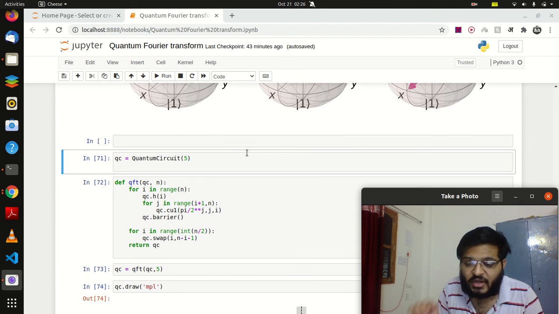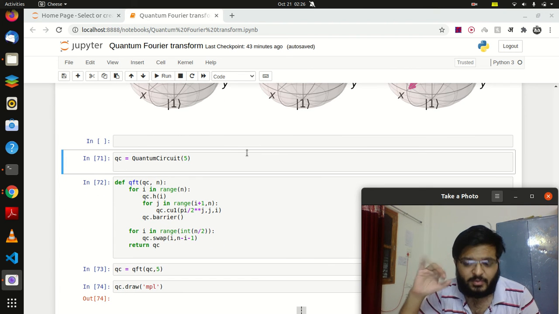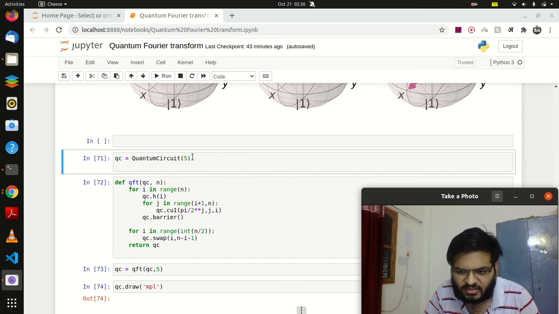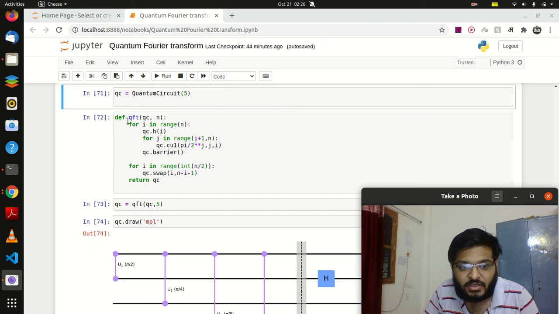Now what we implemented was for 3 qubits, right? Now we'll try to generalize this. So how do we generalize? We get a circuit, we just allocate it. Now we call a function, and this function takes as input a quantum circuit and the number of qubits it has. So for every qubit in range n, we first apply Hadamard, then we apply these transformations by 2 to the power j.